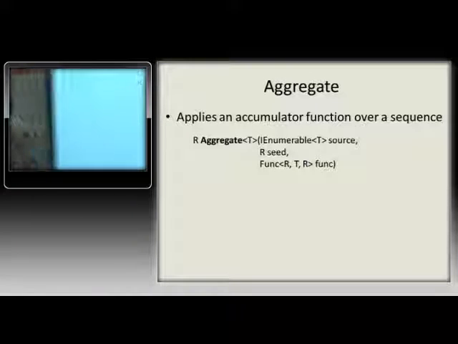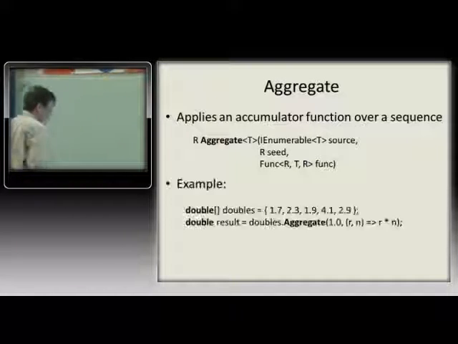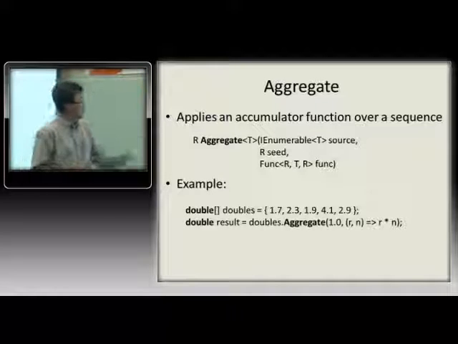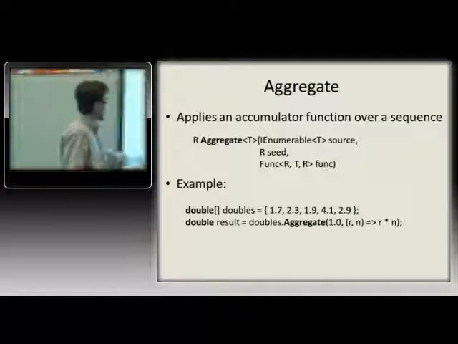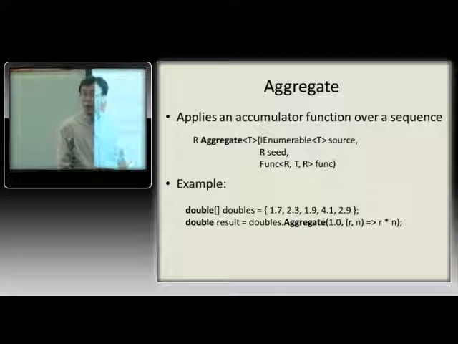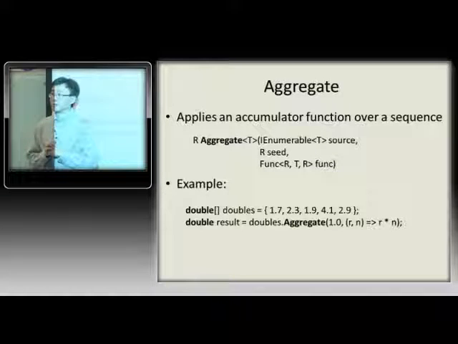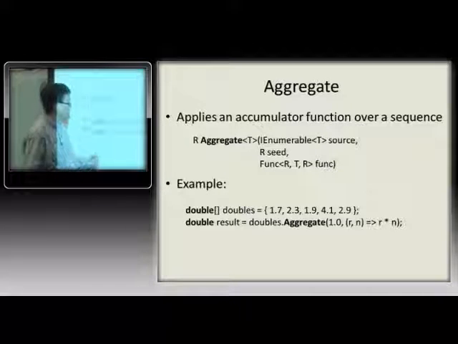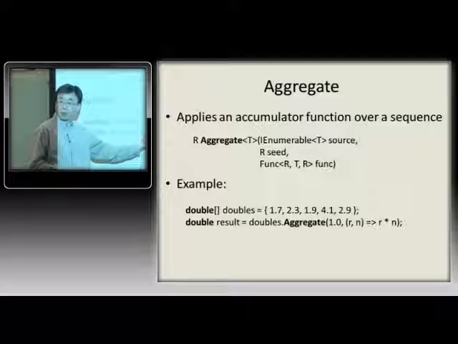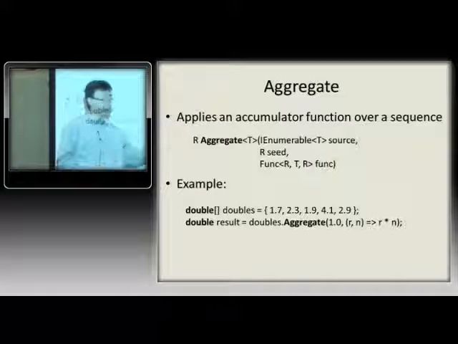It's very easy if you look at a very simple example. For instance, I have a collection of doubles. If I want to compute the product, how do I do it? Here are the doubles. I apply this aggregate operator.